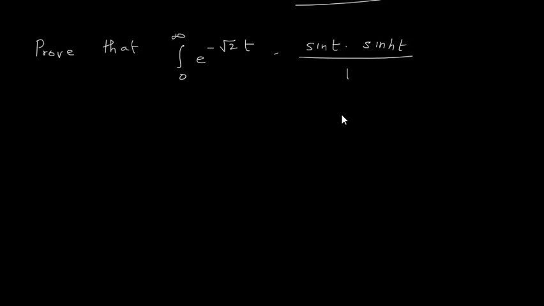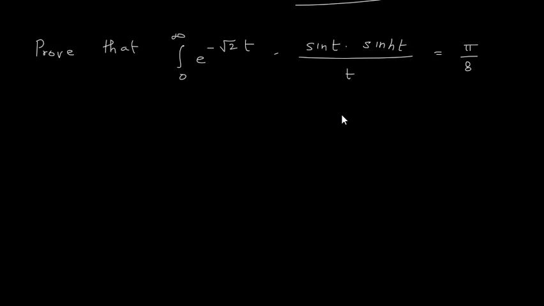We have to prove that integral 0 to infinity e power minus root 2 t into sin t into sin hyperbolic t divided by t is equal to pi upon 8. Okay, let us prove this part.